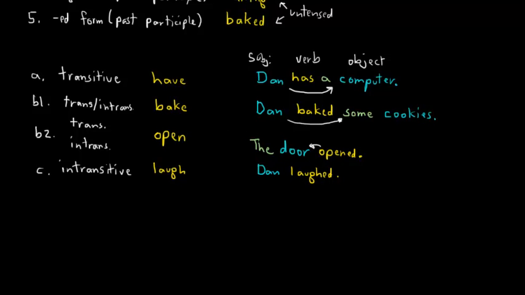Now, let's have Dan stand up again, and we'll use it transitively. Dan opened the door. So I should have left myself a little bit more room. Now we'll make door the object, and it's what Dan is opening, or what Dan opened, past tense.